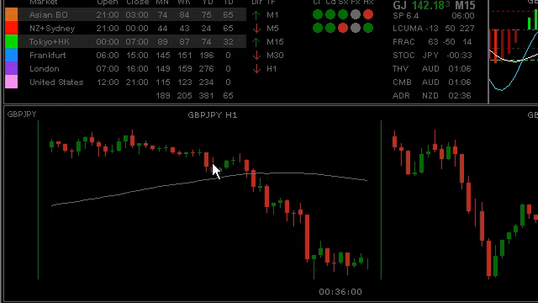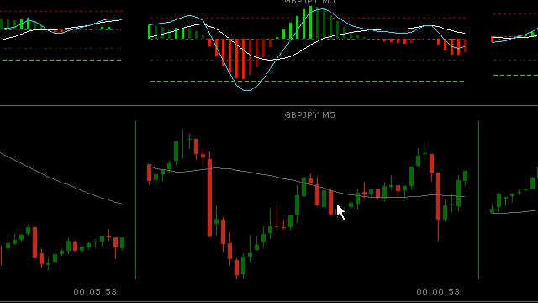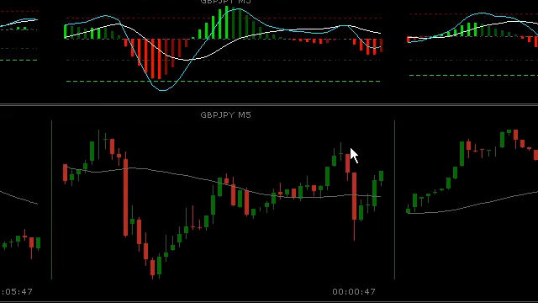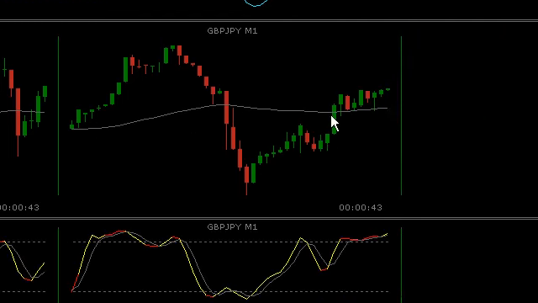You can see here price on the H1 came down and tested this before it broke through. We've got a similar thing happening here on the M5. Price has come up to the moving average, hesitated on it and kind of glued to it really.